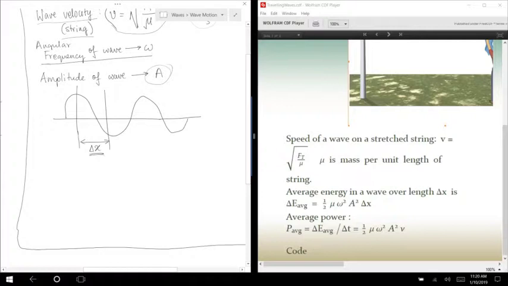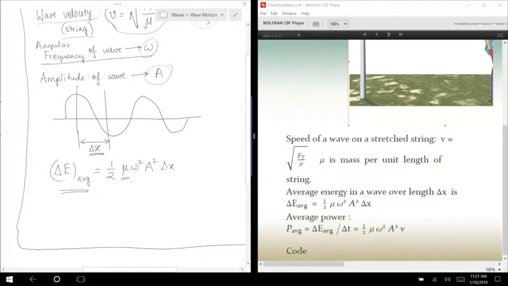So if you consider delta x length of the wave, then it turns out that the average energy in that amount of length delta x is given by delta E average is equal to 1/2 mu omega squared A squared delta x, that is, mass per unit length of the string multiplied by the angular frequency squared, multiplied by the amplitude squared, times delta x.